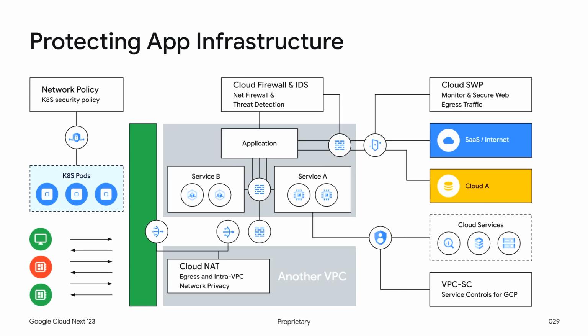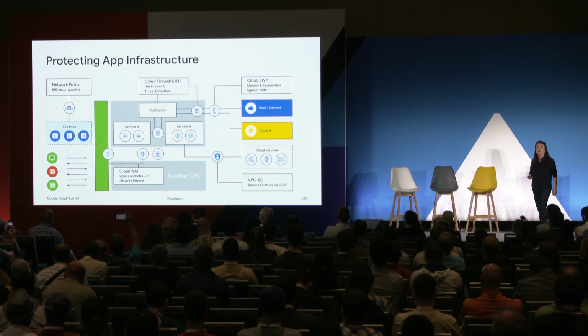First, using that Cloud Firewall that we talked about and the secure web proxy to control and protect the traffic that's going in and out of the clusters. And then lastly, we've also enhanced the network policy in Kubernetes to provide additional controls for your workloads.